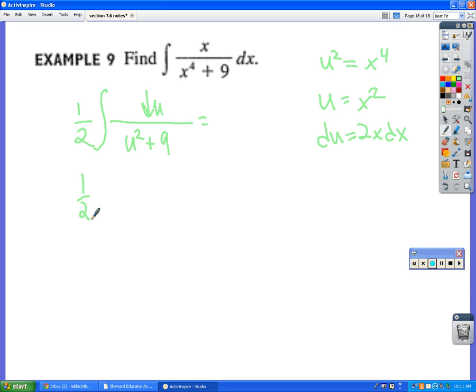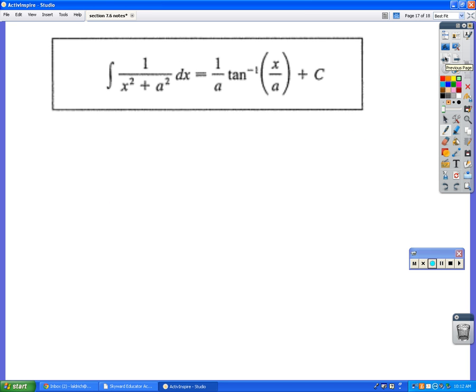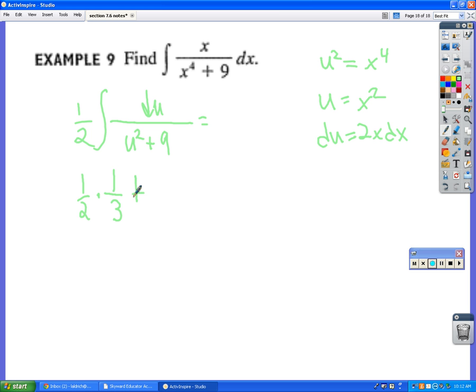It's going to be 1/2 times 1 over a, so 1 over 3, inverse tangent of u over a, and a is 3, plus c.